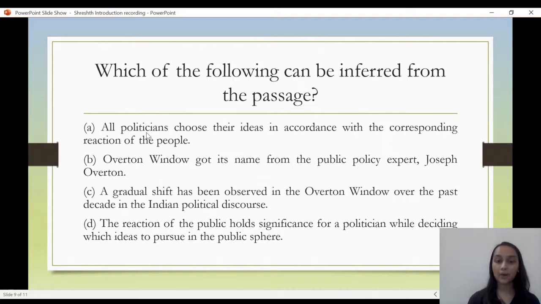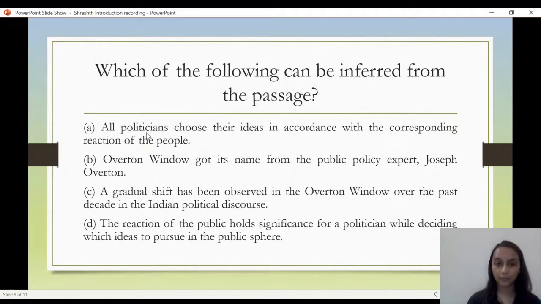So this is what I had been talking about earlier, that do not let background information that you may have about the subject matter of the passage influence you. So watch out for these things. Nothing about India has been spoken of at all in the passage, right? So the moment you see something like this, you should strike that option off.